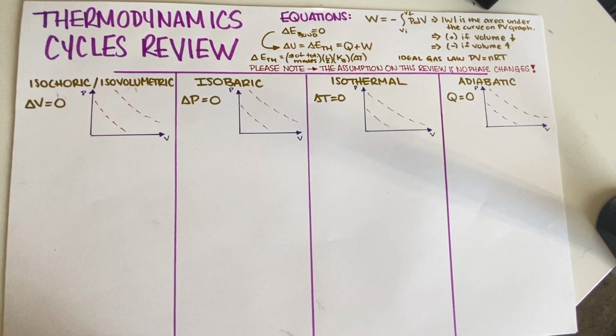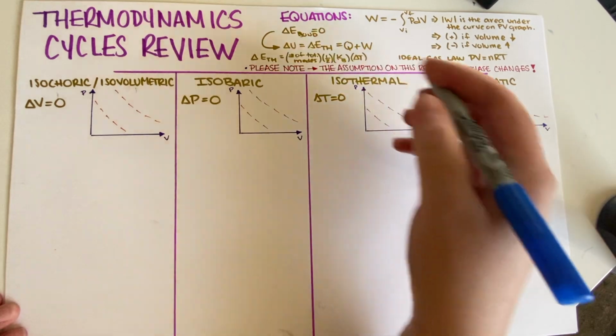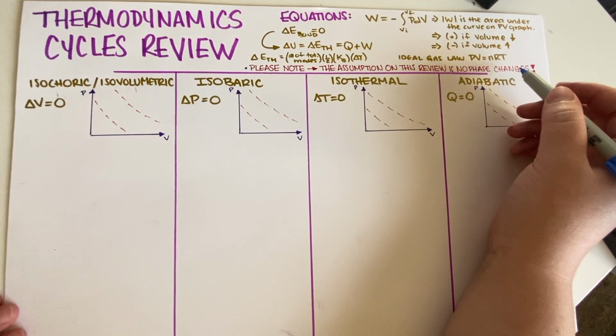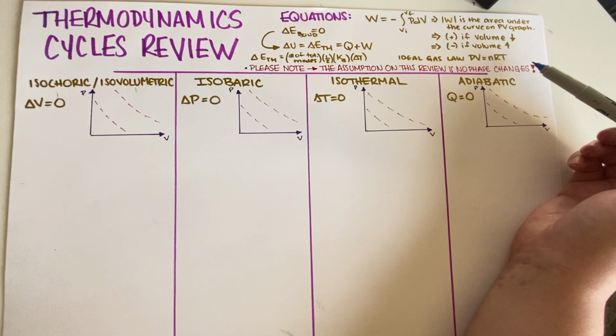And then we also have some equations that we knew from before, all the way from DL1 actually, but please note that for the purpose of this topic, I am assuming that whenever we're working with processes or cycles, there are no phase changes during these processes or cycles.